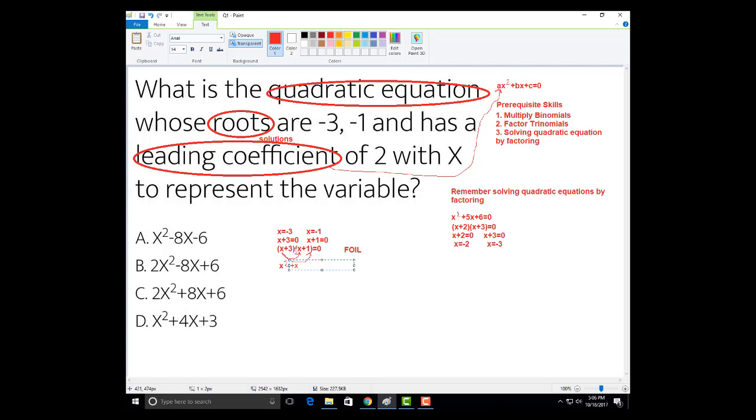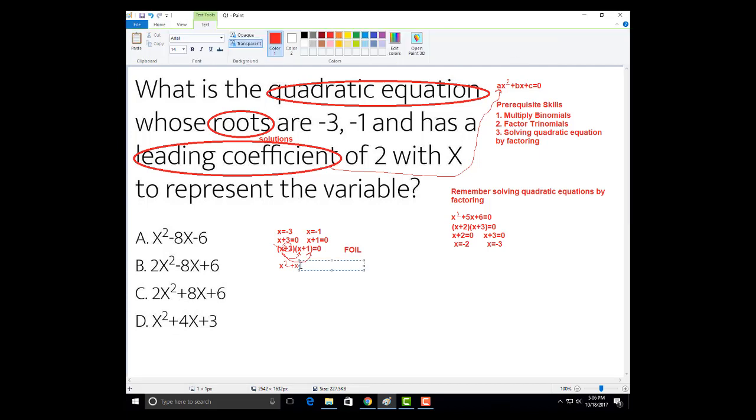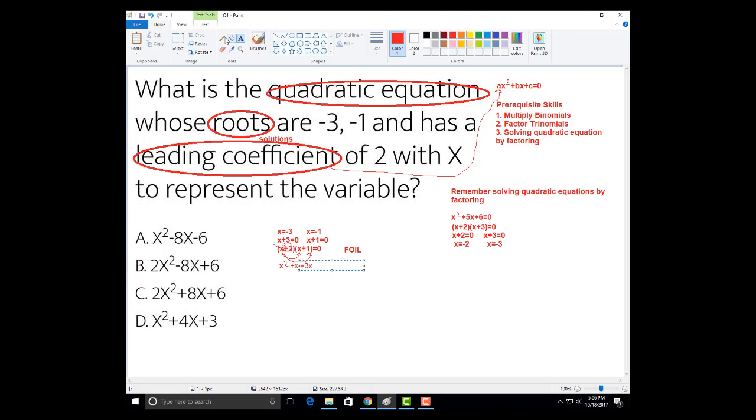Now let's do the next term. 3 times x. We finished up passing out this x, we passed it out to everybody over here. Now it's time to pass out the positive 3. So positive 3 times x would give me plus 3x. And the final term, positive 3 times the last term, the 1, 3 times 1 is just 3.